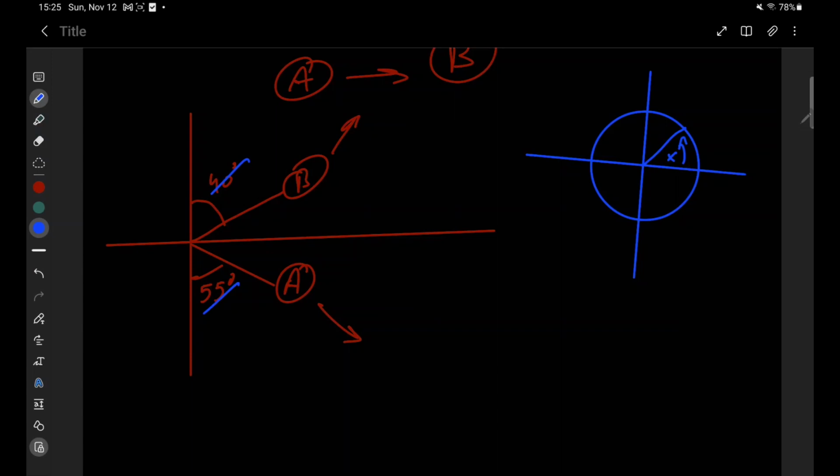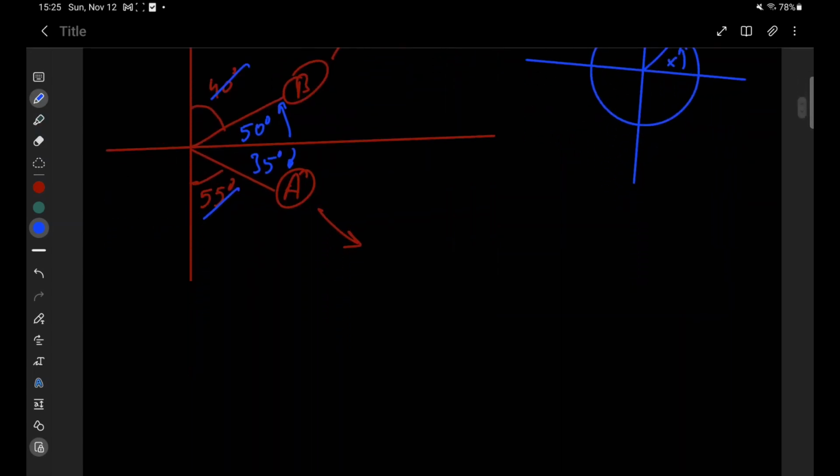So we should try to keep always starting from the positive part of the x-axis. Of course, there are some problems where you don't, but more often than not, this is just 50 degrees and this is just 35 degrees. And I think if this was stated like this in the problem, the original poster wouldn't make a mistake. Now, let's start.